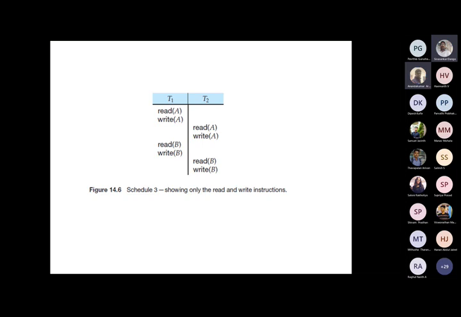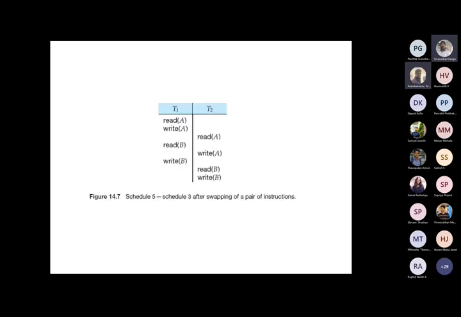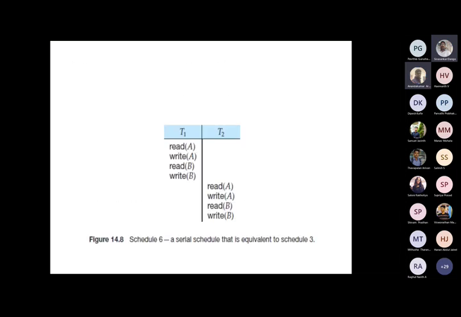So once you perform these four swap operations, you have read of A, write of A, followed by read of B, write of B instruction in T1, and then you have T2, you have read of A, write of A, followed by read of B and write of B, right? So we'll be performing a series of swap operations, and you get this serial schedule from the concurrent schedule.